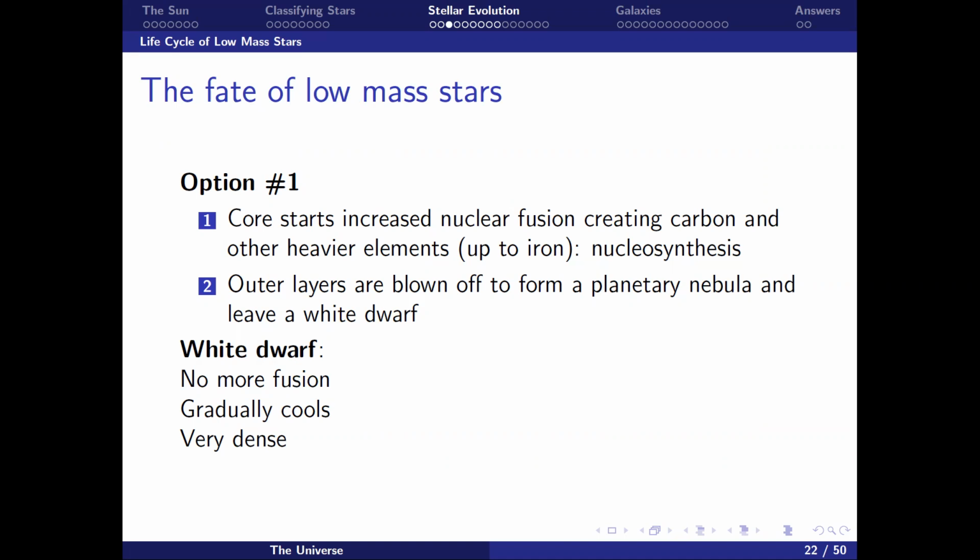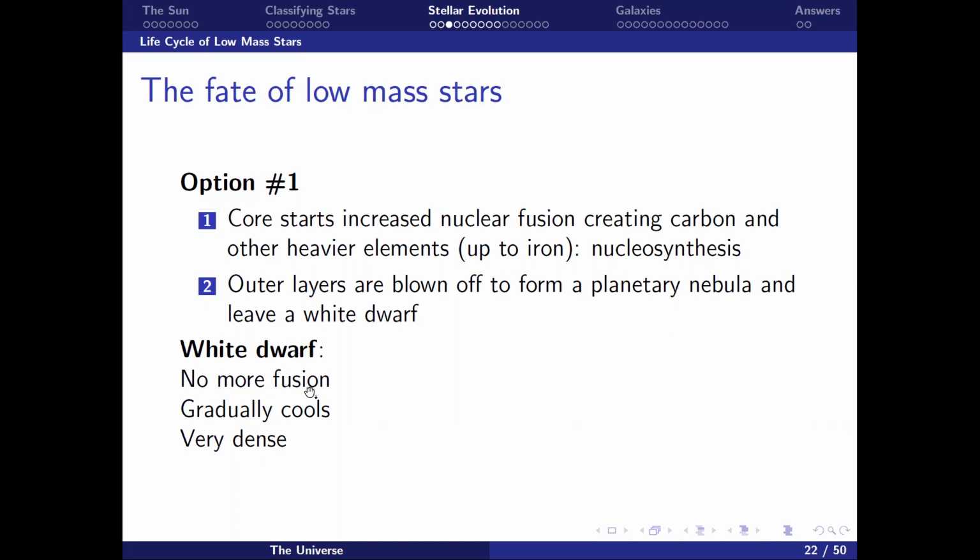So slightly larger nuclei like carbon start fusing all the way up to iron. Once that fusion process uses up those heavier elements, it's kind of running out of steam. Then the outer layers get blown off. And so the outer layers of gas of the star get blown off. That's called a planetary nebula. And the hot core is called a white dwarf.